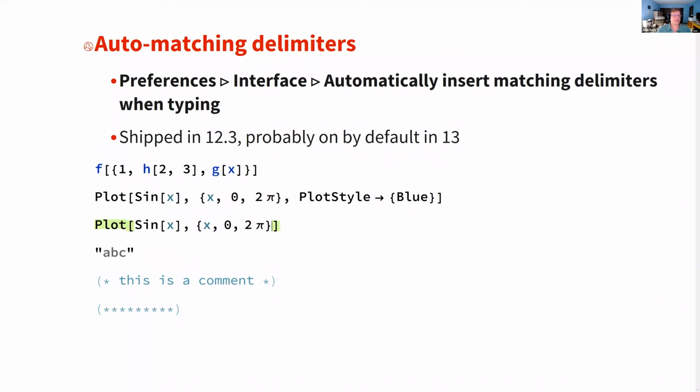Stephen misspoke yesterday, it's control space that is the keyboard shortcut. It's not there in 12.3, but in 13 we'll add control space to allow you to escape out through structure without having to precisely replicate the matching things, or without having to move your fingers over to the arrow keys. So that's auto matching delimiters.